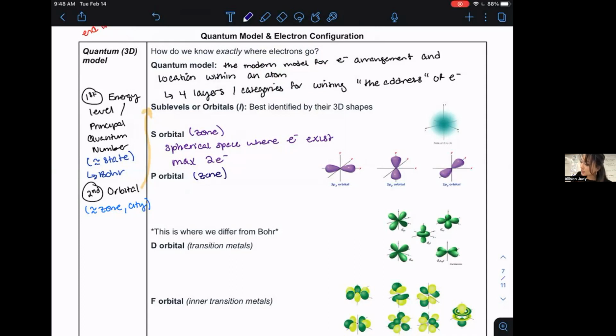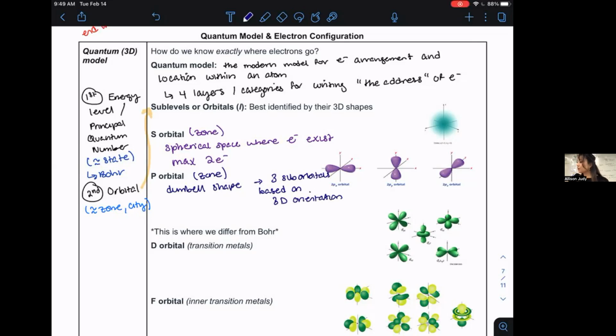And this is what we call a dumbbell shape. It's actually made of 3 suborbitals, made up of 3 based off of 3D orientation.